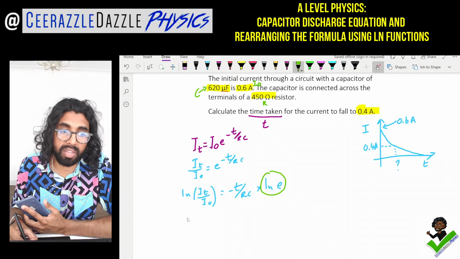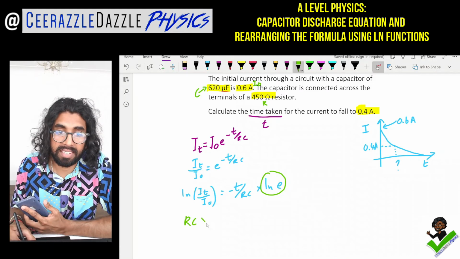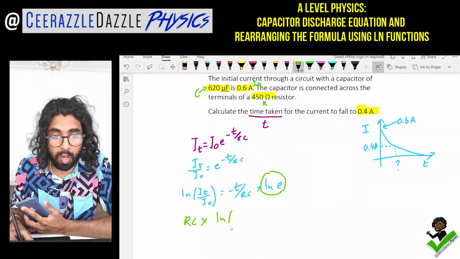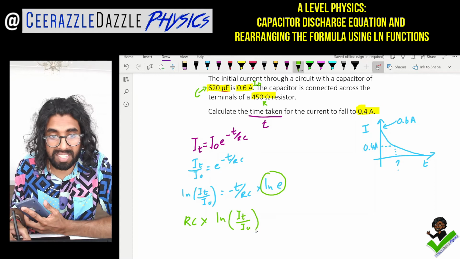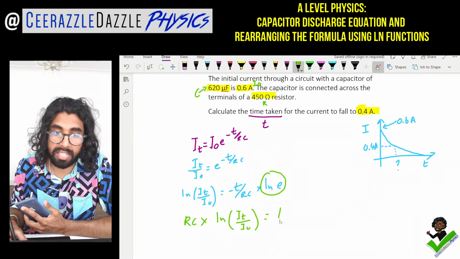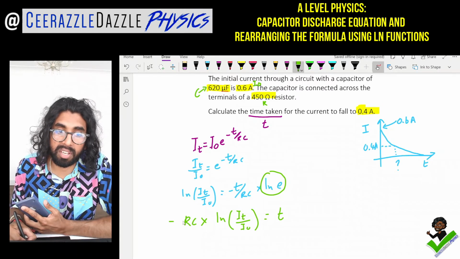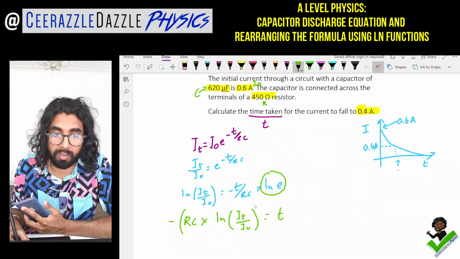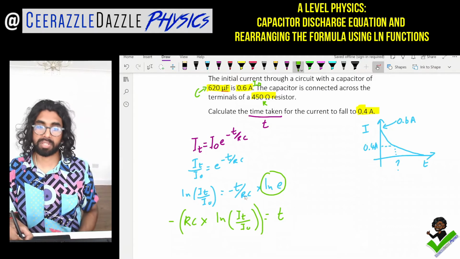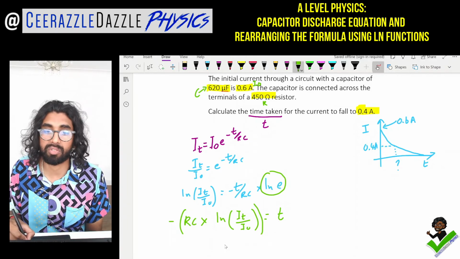So therefore we know that RC times ln open bracket I_t over I naught is equal to t. And I'm going to put a minus sign in front of all of this, because it's minus t, so that's why I took the minus sign across there.